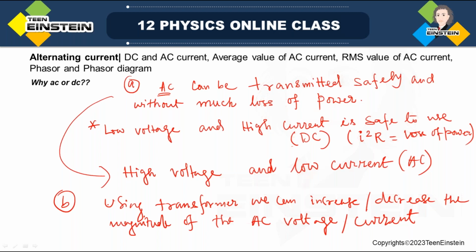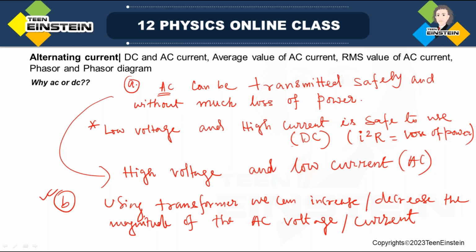There may be some other advantages, but these are the main advantages. Instrument or device wise, there could be some advantages. Anyway, we have learned that we require AC, alternating current, and our modern age is actually going towards that.